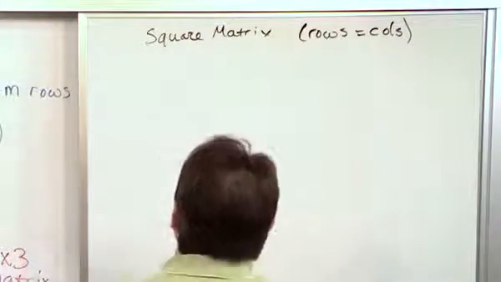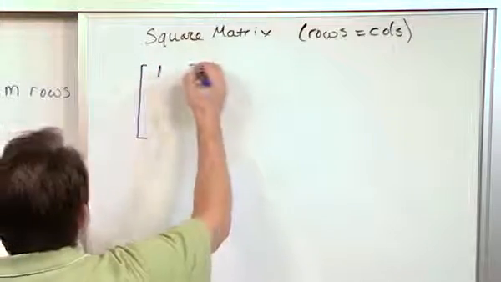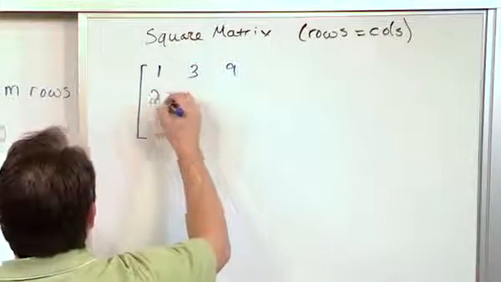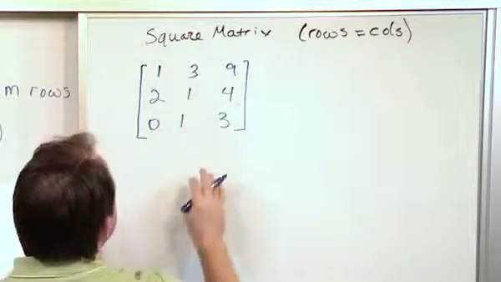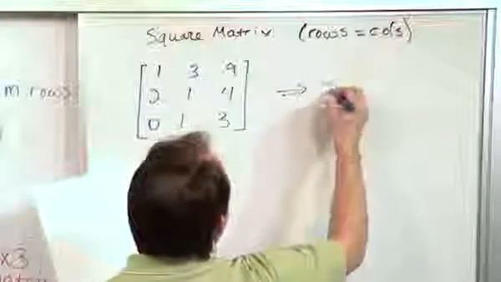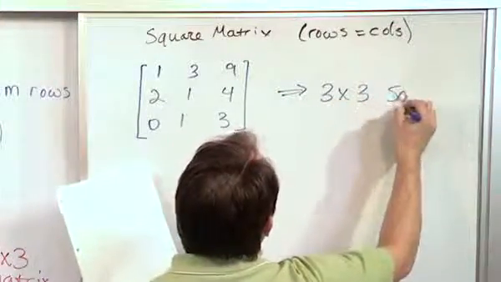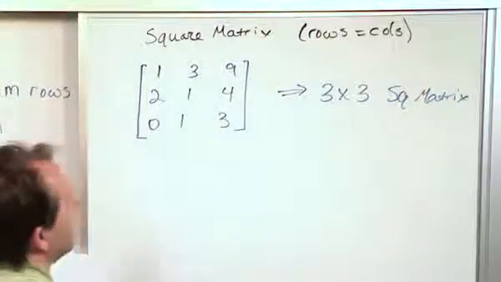So let's draw one of these and take a look. A square matrix might have 1, 3, 9, 2, 1, 4, 0, 1, 3. Since I have 3 rows and 3 columns, this is called a 3 by 3 square matrix. The word square is just a descriptive word.